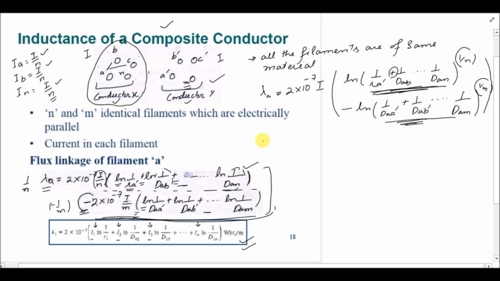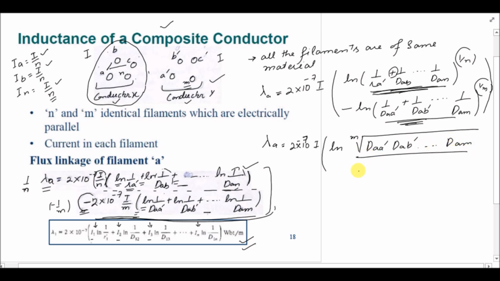So the final equation after solving it down will be 2 into 10 raised to minus 7 I into ln of the mth root of daa dash, dab dash, up to dam, divided by the nth root of Ra dash, dab, up to dan, and the unit will be Weber turns per meter.